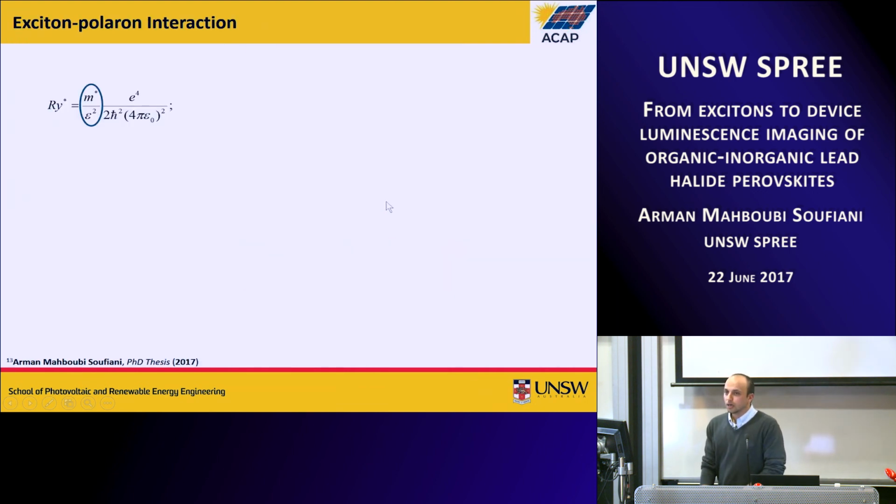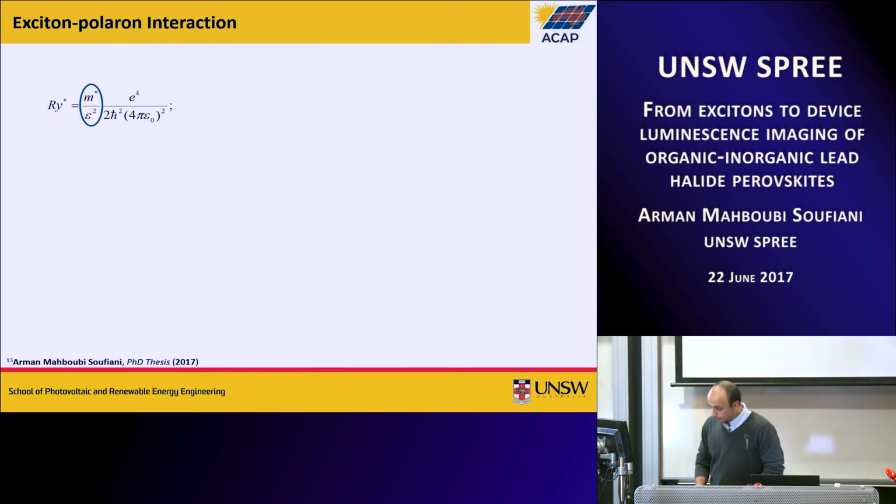Okay, I didn't talk about polarons, but I will briefly talk about that in this slide. As I showed before, the effective Rydberg, which is the exciton binding energy, is proportional to the reduced mass and inversely proportional to the square of the dielectric constant. When we do these magneto-optical measurements, what we extract is the polaronic reduced mass.